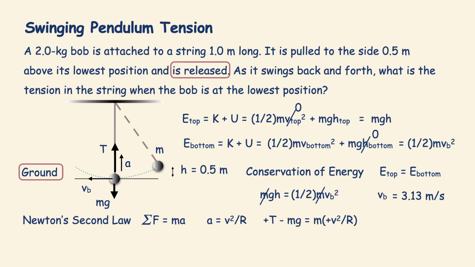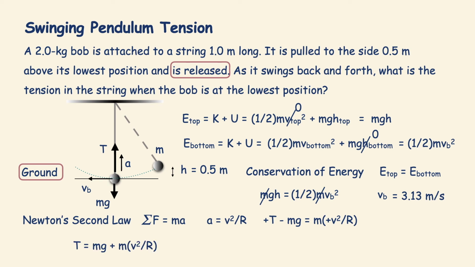In the vertical direction, the force of tension will have a positive component, so I'll mark it as plus T. The gravity pointing down will have a negative component, minus mg. Here I have chosen up to be my positive direction. That will be the total vertical component of the net force, so that has to be equal to m times a, where a is the centripetal acceleration, v squared over r.